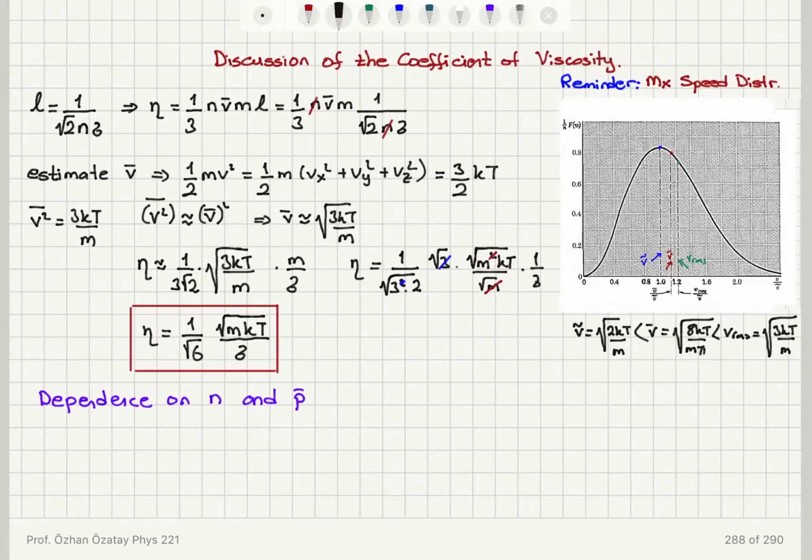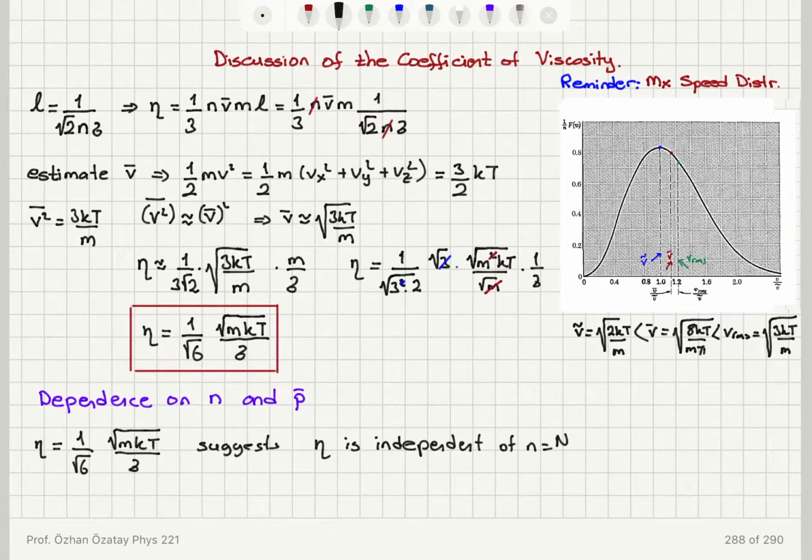This formula tells us that eta is estimated to be 1 over square root 6 times square root mkT over sigma. You see no n here, so this suggests eta is not a function of n. Eta is independent of n, the number density, which is the number of molecules N divided by the volume V.